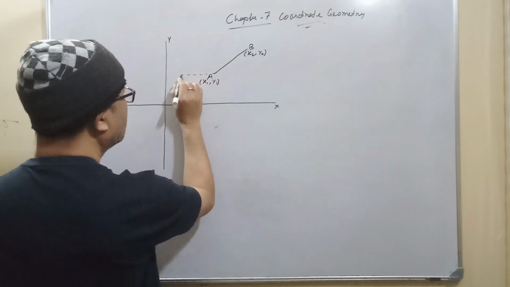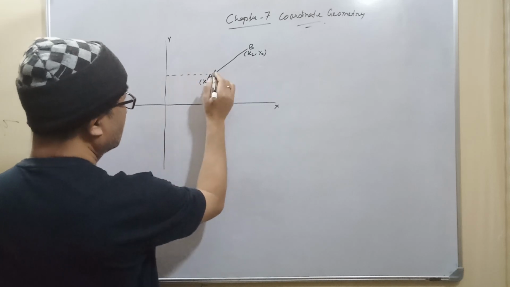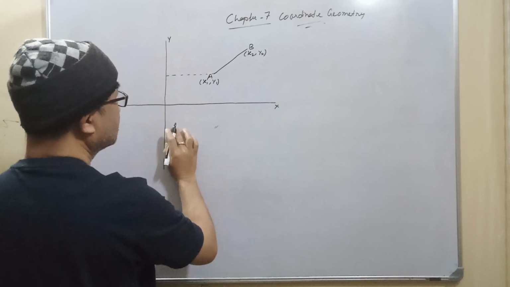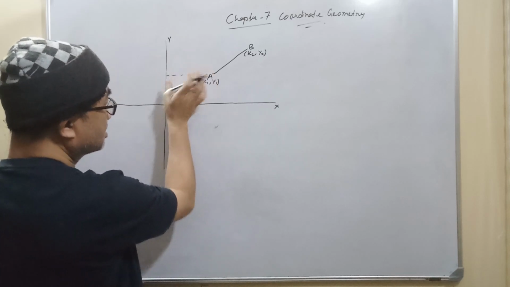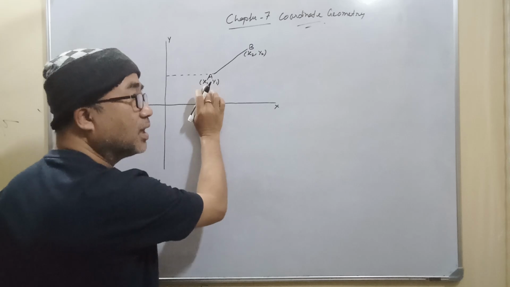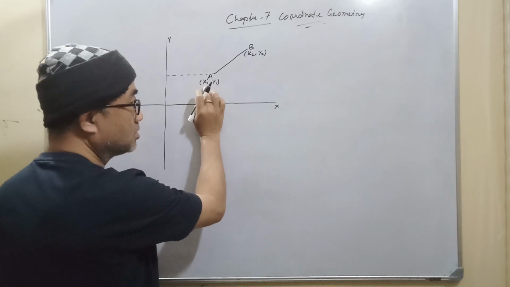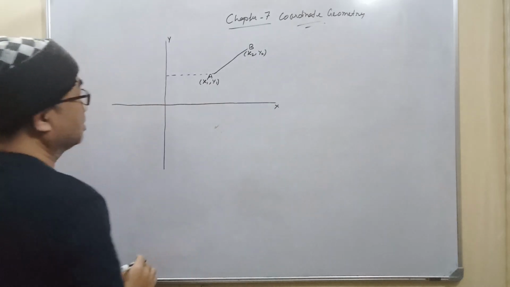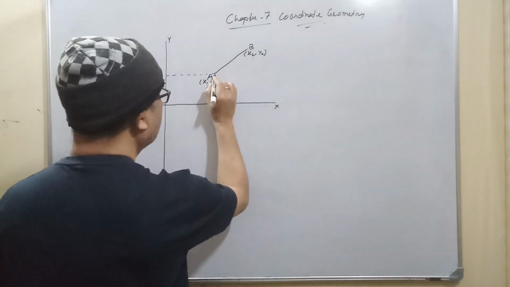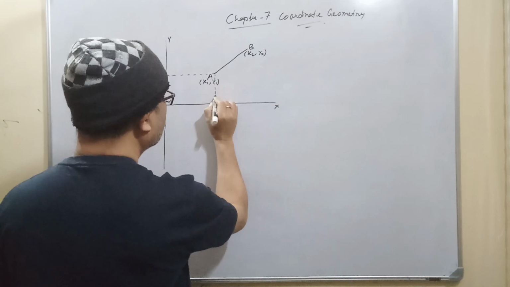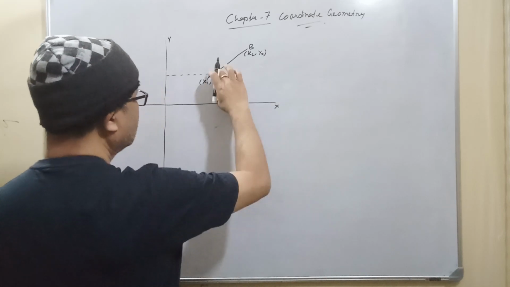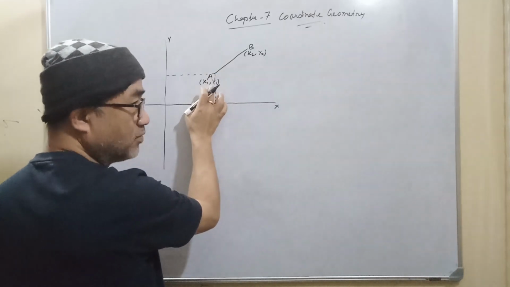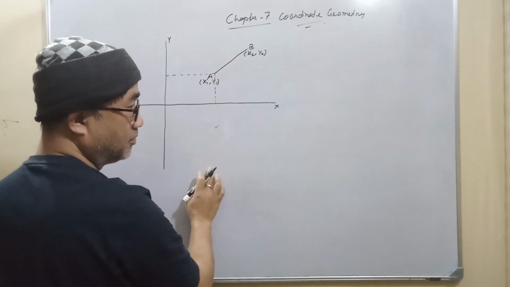If we draw a perpendicular from point A to the y-axis, the perpendicular distance represents the value of x1, which is also known as the abscissa. And if we draw a perpendicular from A to the x-axis, this distance is the value of y1, or the ordinate.